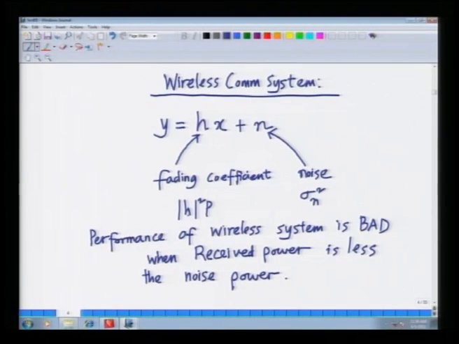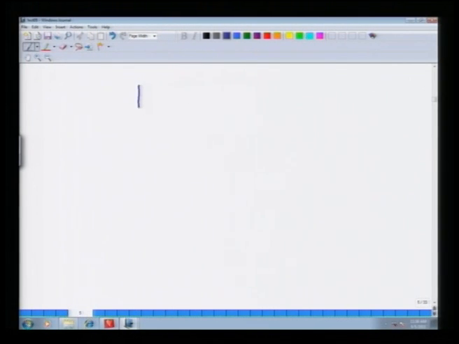We can say the performance of the wireless system is worse or bad when the received power is less than the noise power, which means the received power is norm h square times P, but magnitude of h is nothing but A. So, the received power is A square times P.